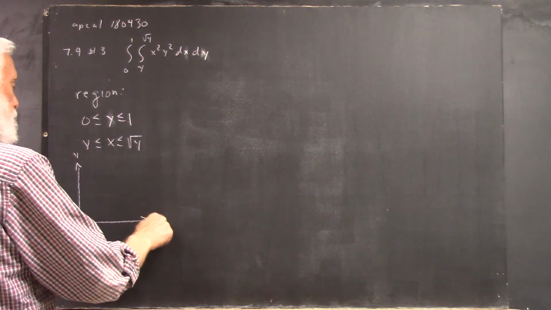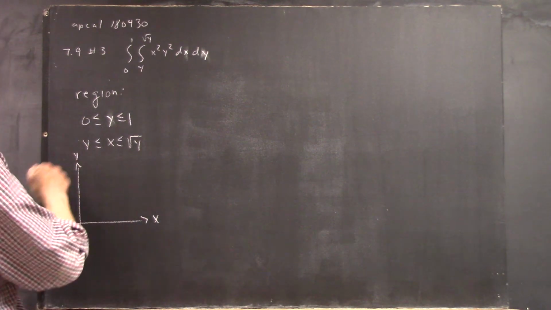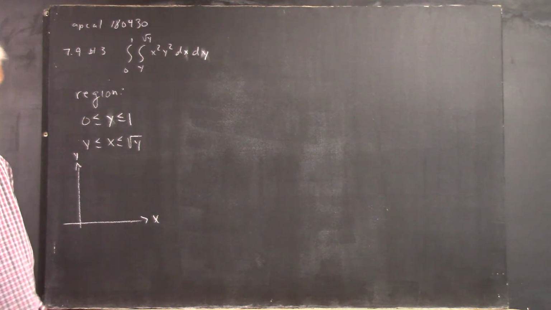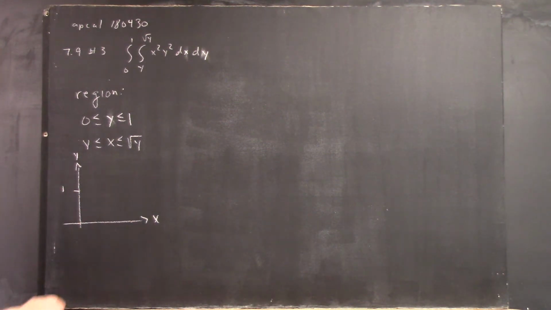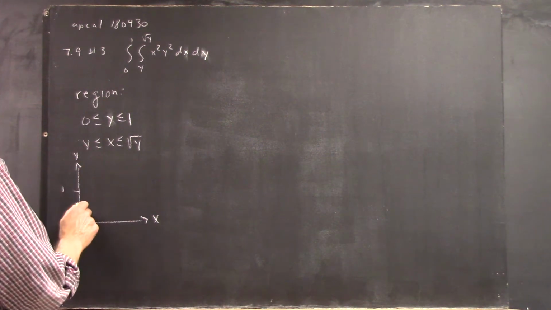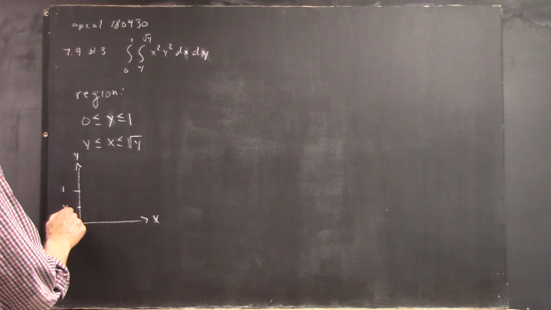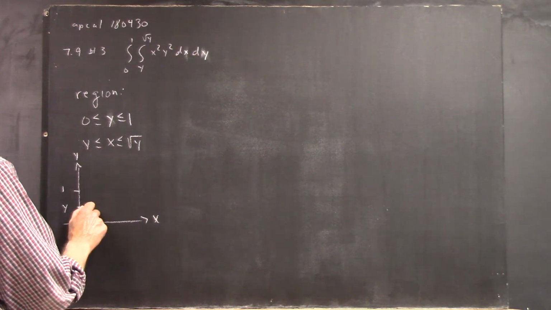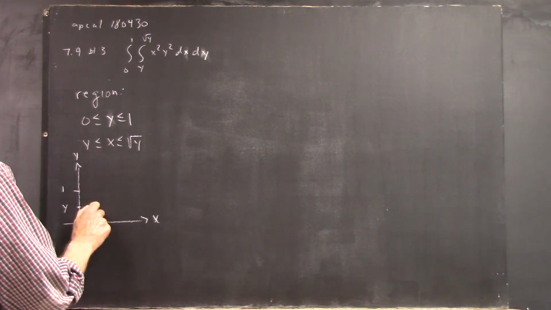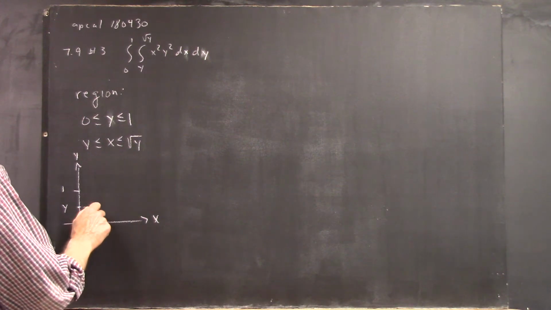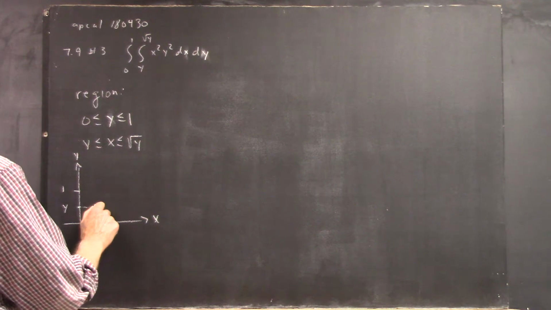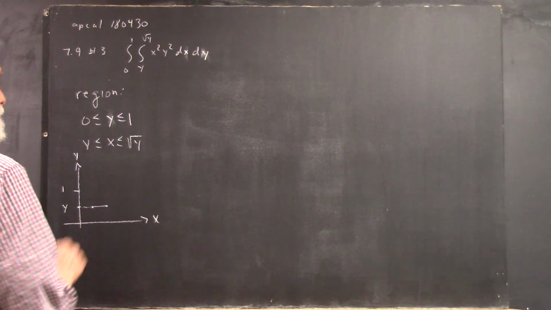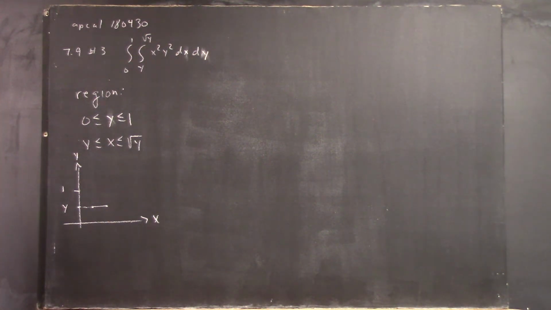Here's y, here's x. Now we just did this on paper, so I'm going to do it rather quickly. Y goes from 0 to 1. And for a given y, x goes from y to the square root of y.